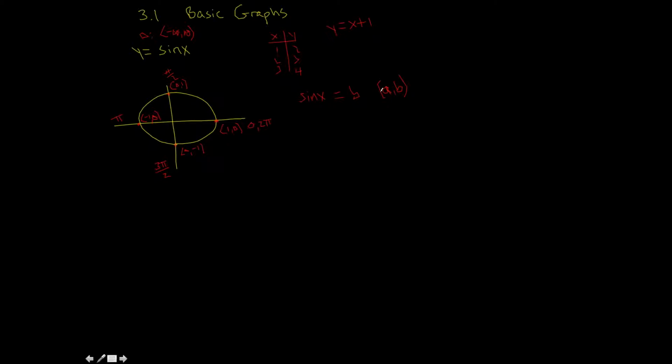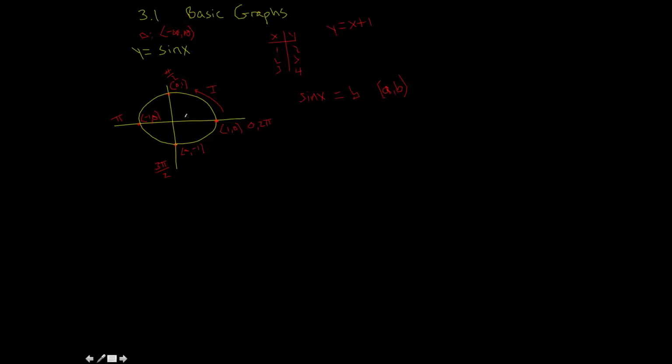So if you're looking at quadrant 1, what is sine doing? Well, the smallest it is is 0 at this point here, and the largest it is is 1. So sine increases from 0 to 1 as we go this way.